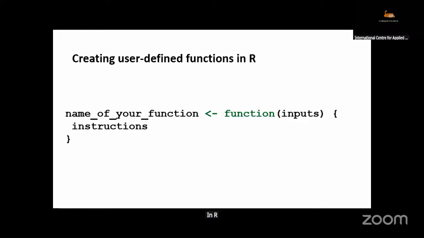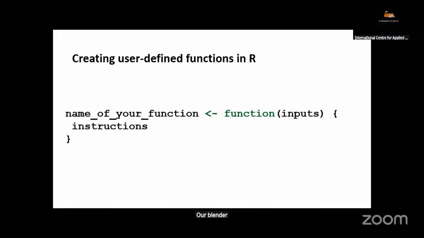Then creating user-defined functions in R. How do we do that? Just like I've mentioned earlier, the user-defined function in R usually follows this general structure: the function, the inputs or arguments. What do you want to put into that function? What it needs as input, just like our blender.